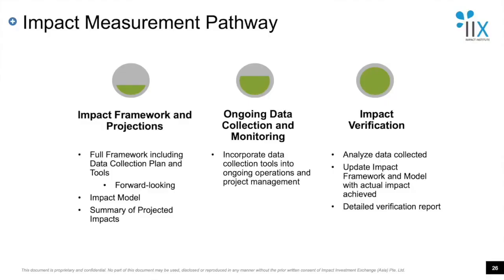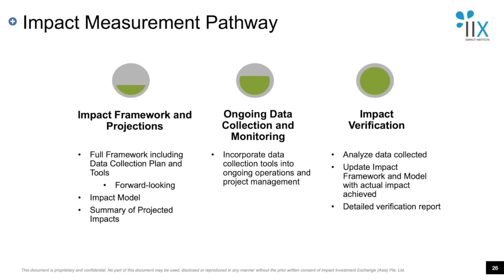So what we just talked about, let's look at it visually, what this means. Here you see the impact measurement pathway, which really means where you are at each stage. When you're looking at the first step, the framework and the projections, you're already kind of there. You've done 1/3 of the work. And then in terms of the data collection and the monitoring of the data collection that's happening, you're almost there.